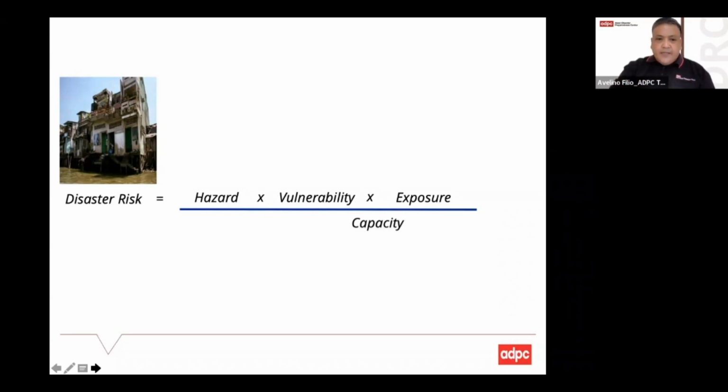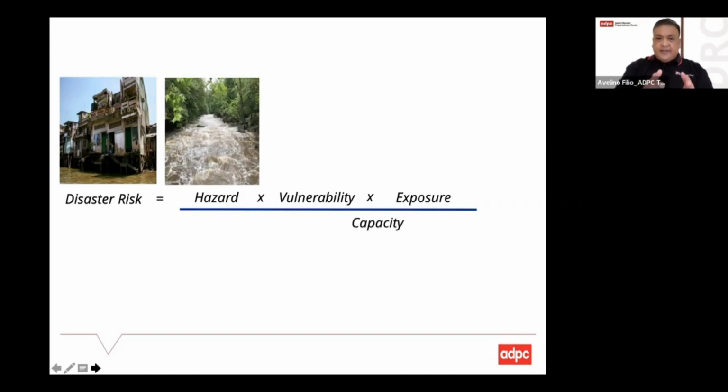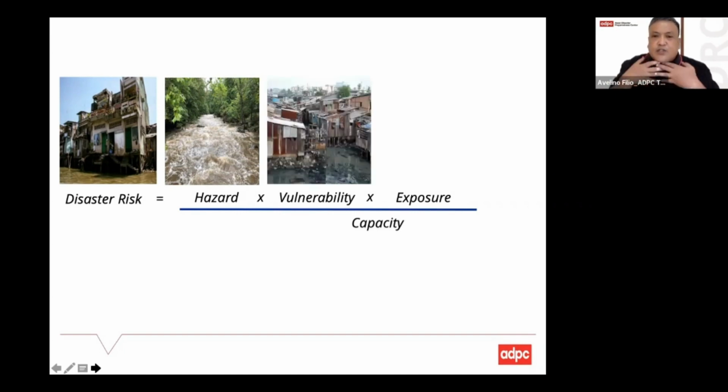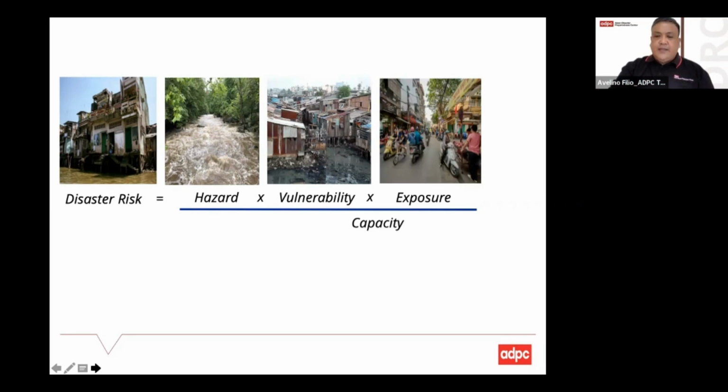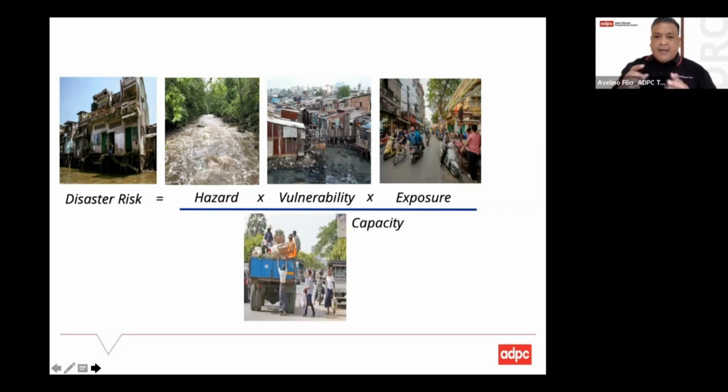Now, there will only be losses if there's the hazard, which is flood, and you're vulnerable to it, meaning you're susceptible. Remember our earlier definition. You're susceptible to it, and you're exposed to it, and you have limited capacity.